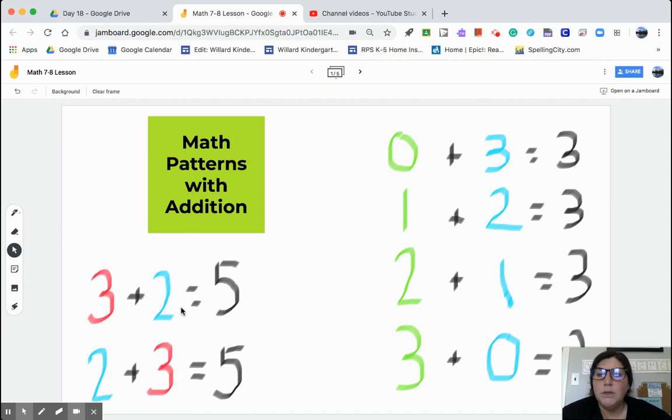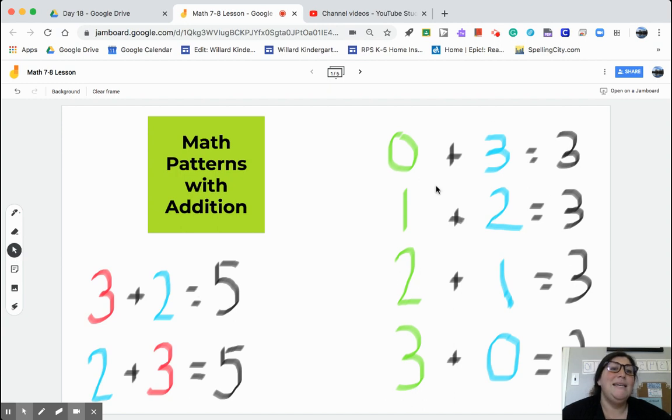If you look, this is something called the turnaround rule. So 3 plus 2 is 5. And then you'll notice that the two parts switch. So now we have 2 plus 3, which is also 5.